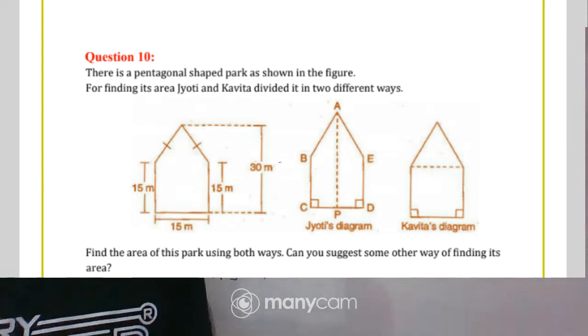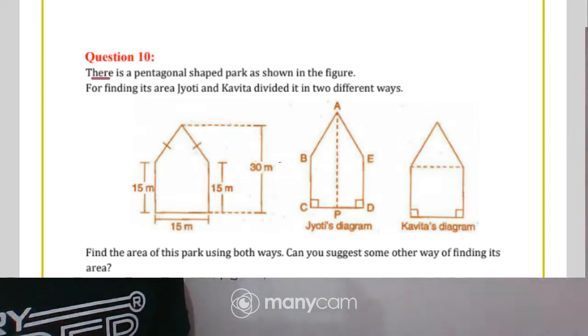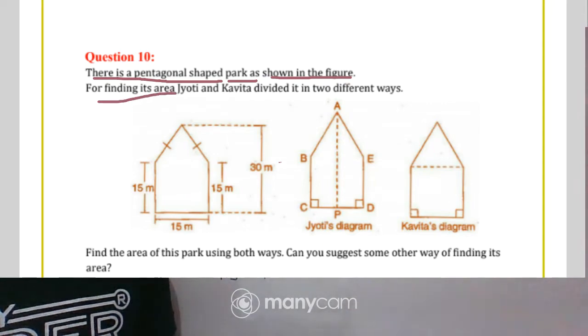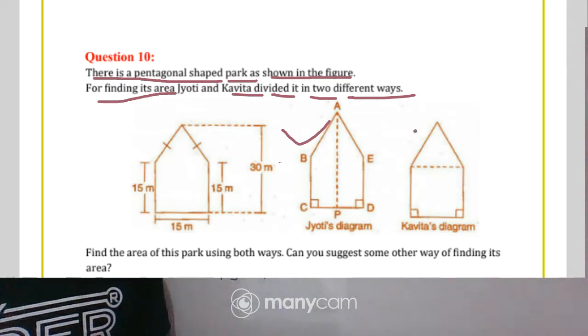You can see here, question number 10 is: there is a pentagonal shaped park shown in the figure. Find its area. Jyoti and Kavita divide it in two different ways. This is Jyoti's shape, this is Kavita's.